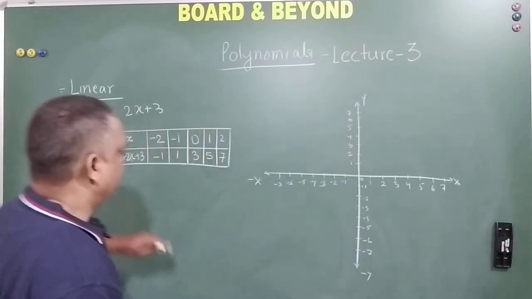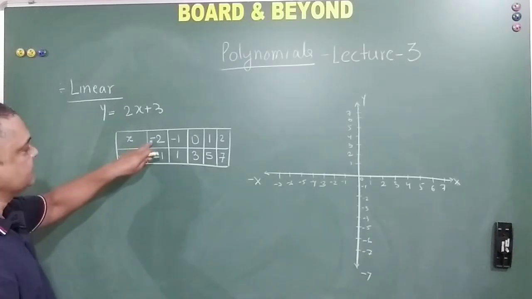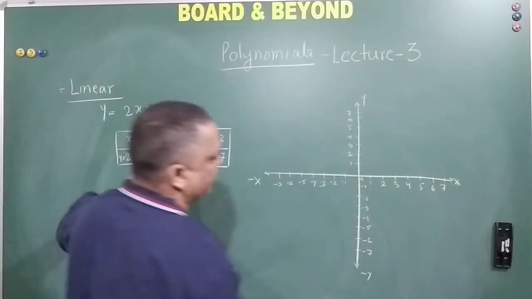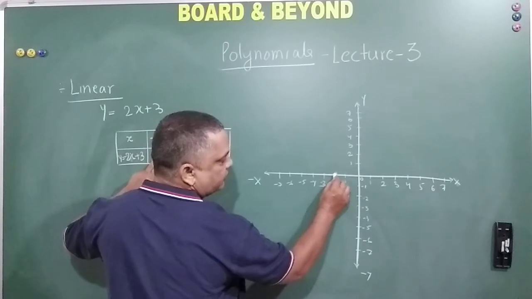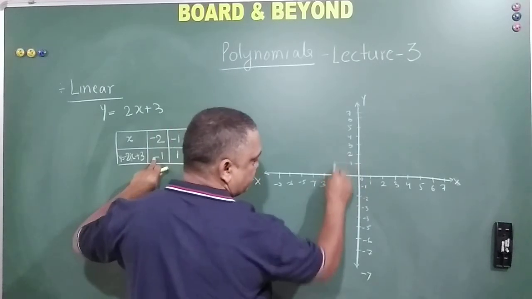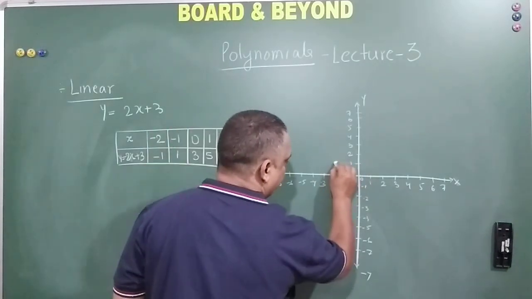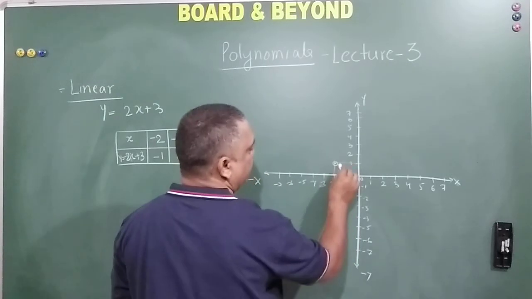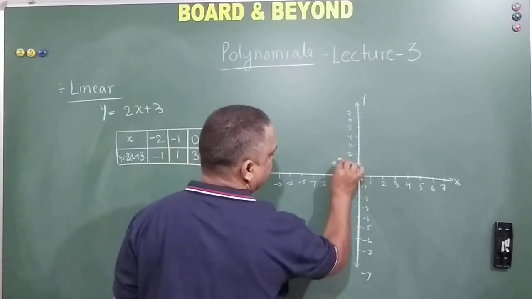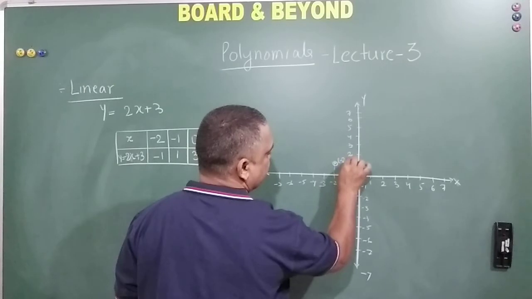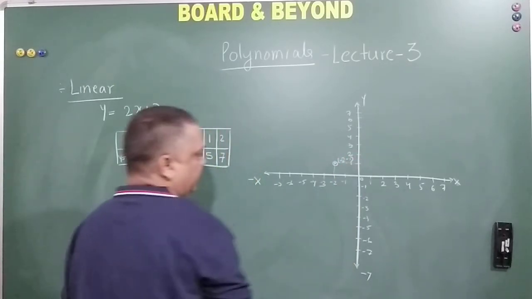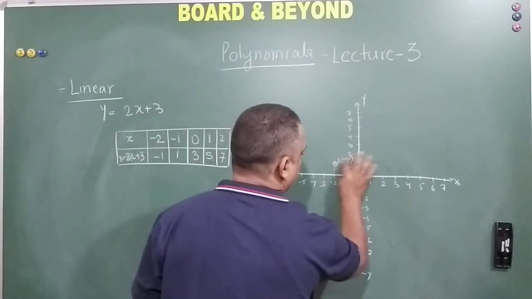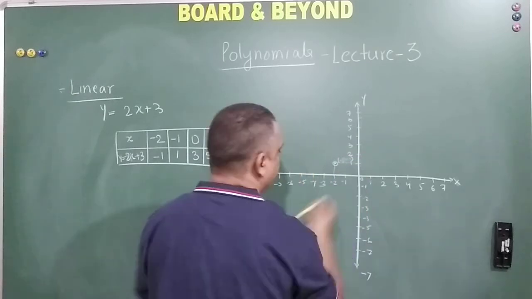Now we start plotting it, friends. For x is equal to minus 2, y is equal to minus 1. So we mark this point. We write the coordinate for this here, that is minus 2 and minus 1. I will write the coordinate in a different color so that it becomes a little visible to you.